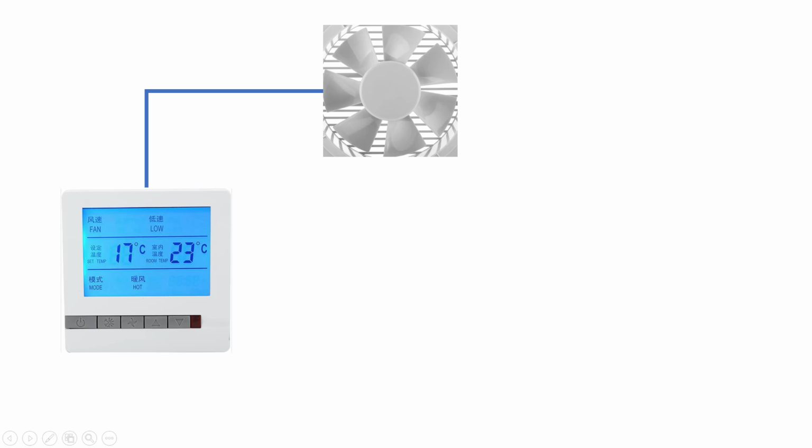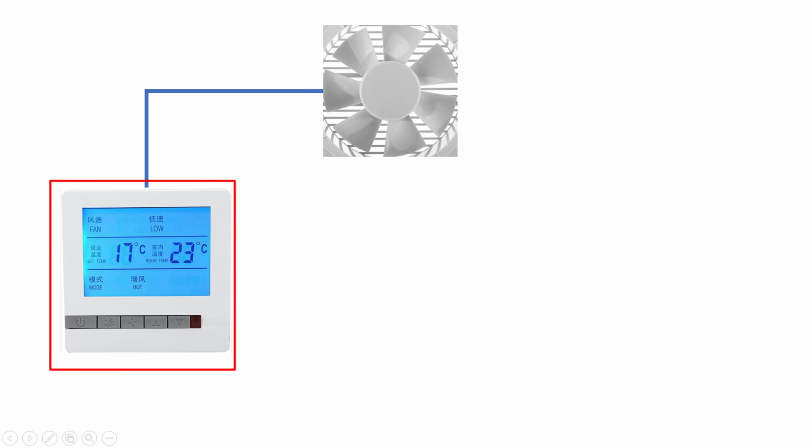Now let's look at an example of trying to keep our home storeroom temperature at a set value. This storeroom has an extractor fan that extracts heat from the room and a wall mount controller called the thermostat.